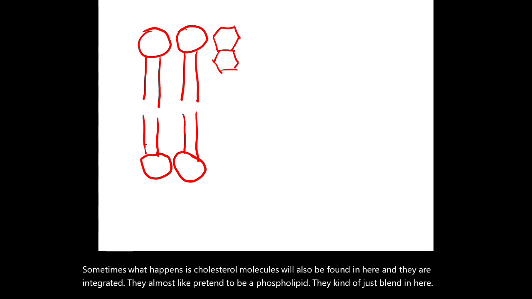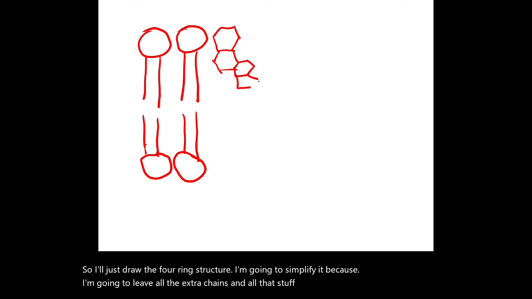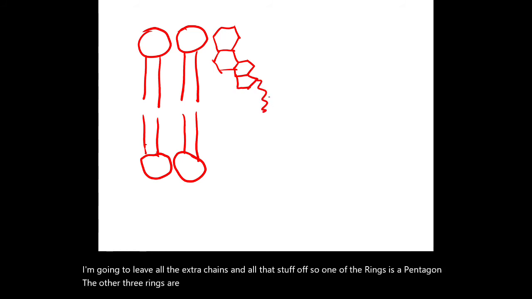So I'll just draw the 4-ring structure. I'm going to simplify it because I'm going to leave all the extra chains and all that stuff off. So one of the rings is a pentagon, the other 3 rings are hexagons, and then there's this chain coming off of here.